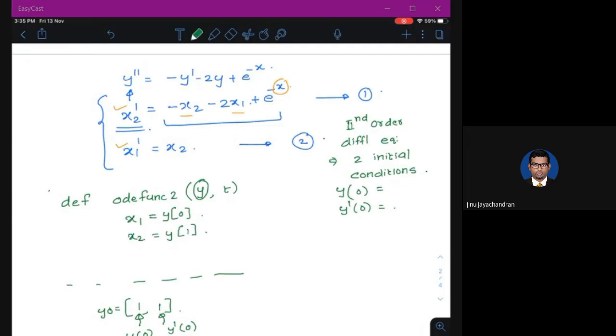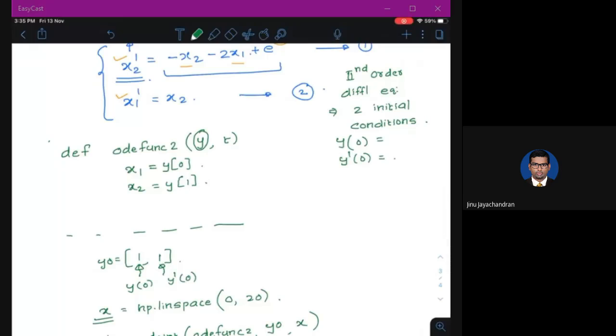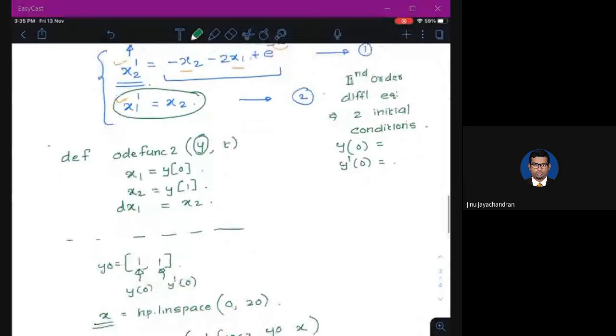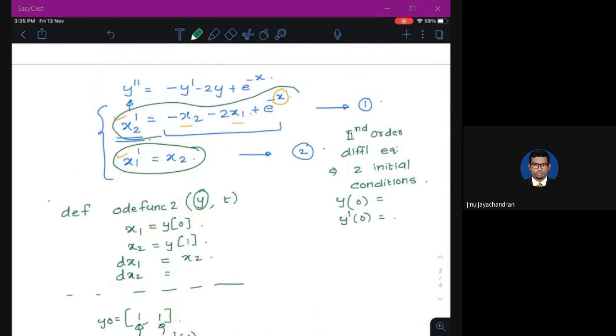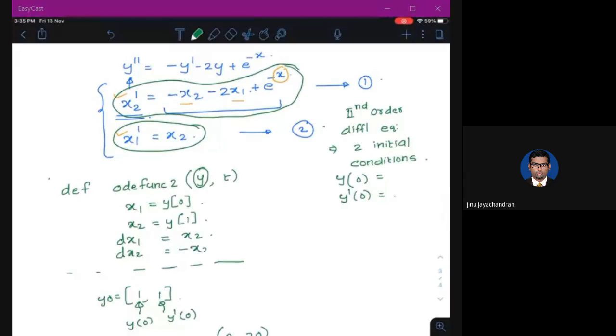I hope you understood. Now your dx1, which is this, is equal to x2, and your dx2, which is this, is equal to minus x2 minus 2 into x1 plus e raised to, or exponential of, minus x.